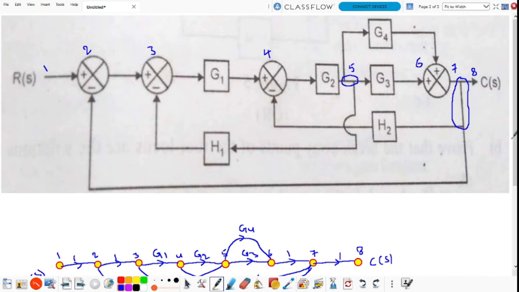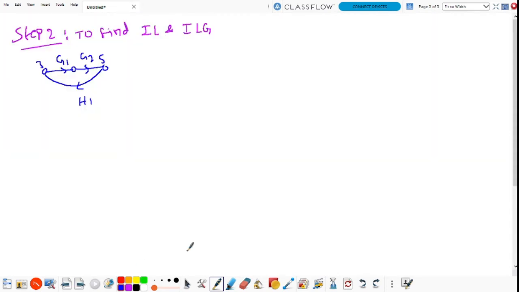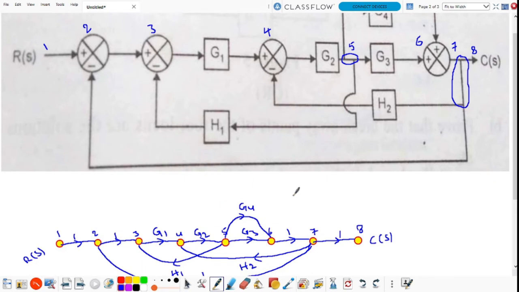And the second individual loop: 4 to 7, 7 to 4. 4 to 5, the branch gain is G2. 5 to 6, the branch gain is G3. 6 to 7 to 4, the feedback gain is H2.